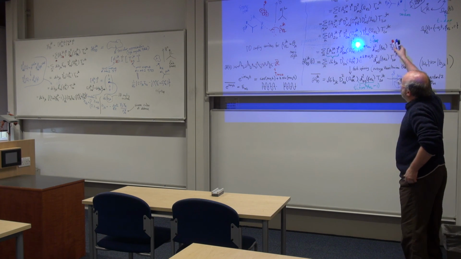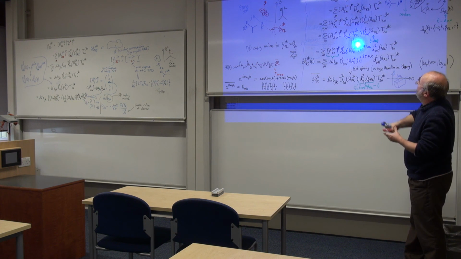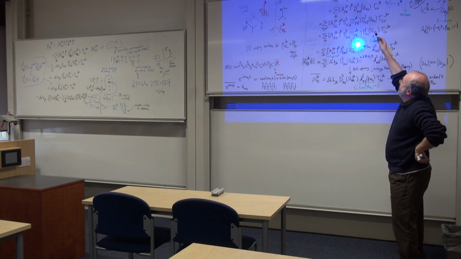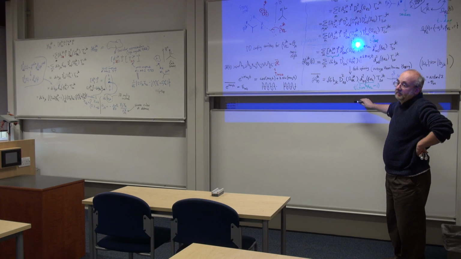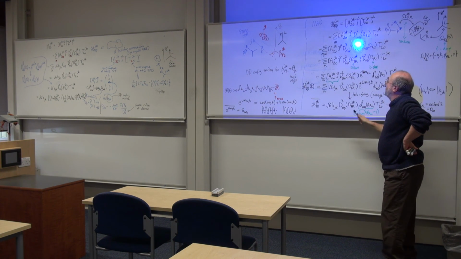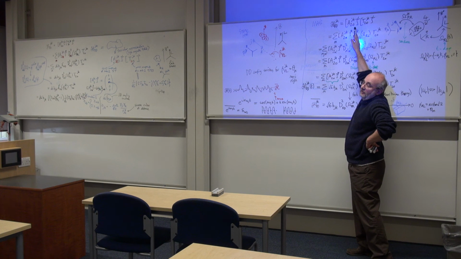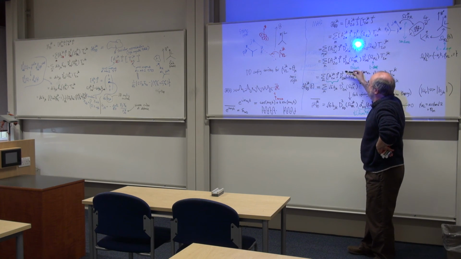So the maths may look complicated, but if you think about it, all of this mathematics will be exactly the same whatever the space part of the interaction is, as long as it's rank 2, it will be the same mechanism.